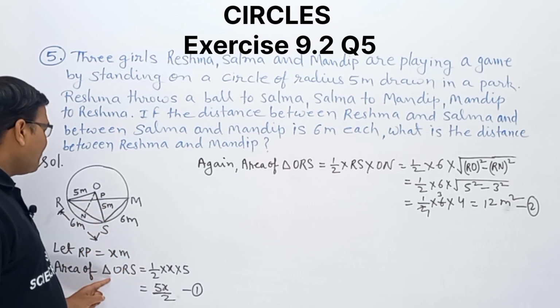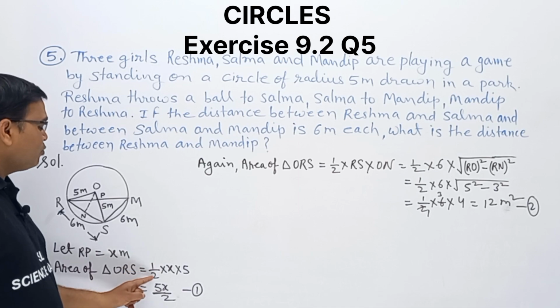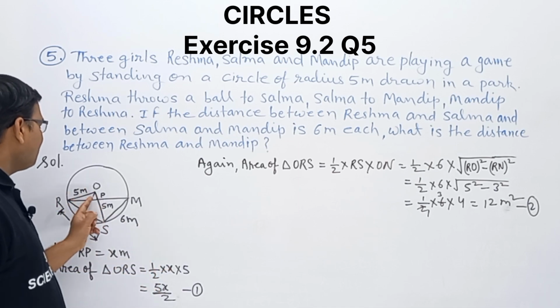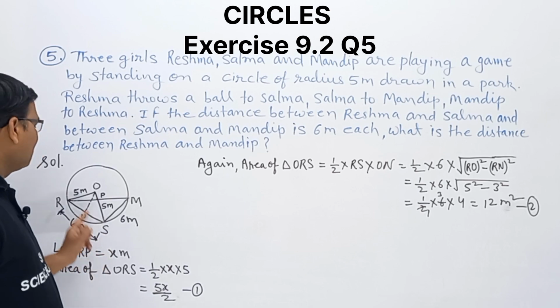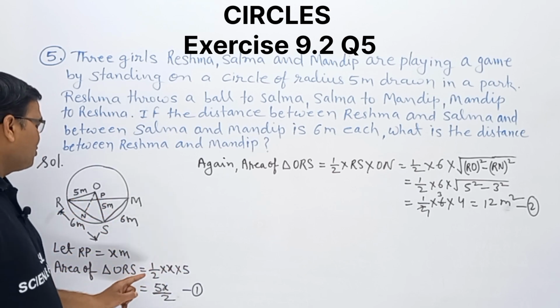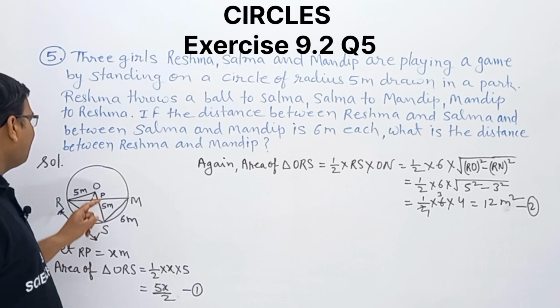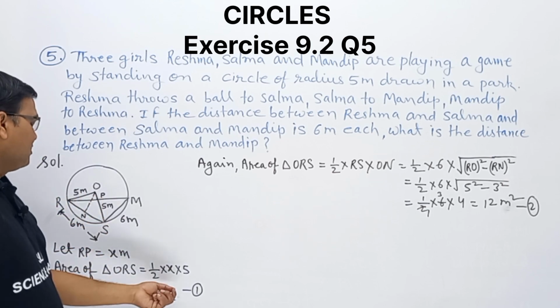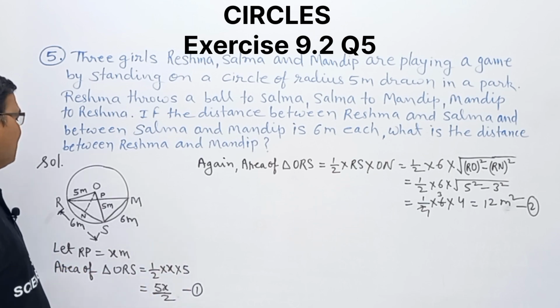So area of triangle ORS is 1 upon 2 into X, X is R to P, this distance which is X meter we assumed, and base is 5. So we are getting area of triangle ORS is 5x upon 2. And I am putting this as equation number 1.